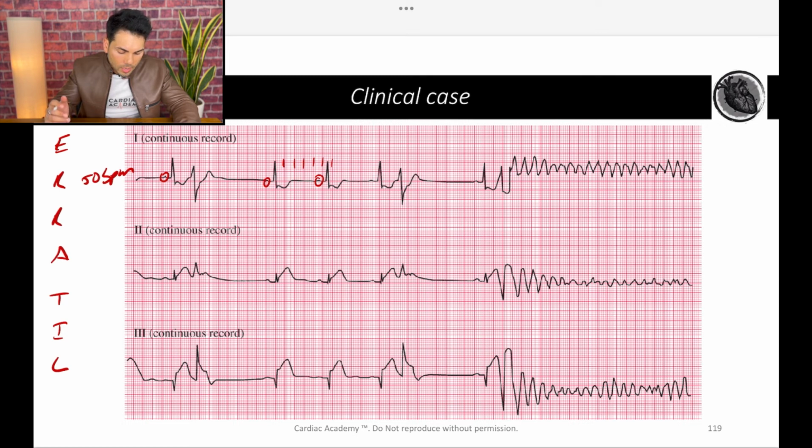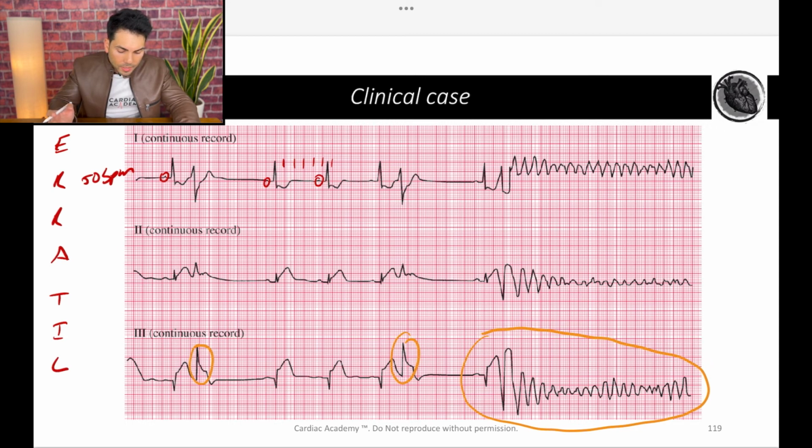Is the QRS narrow or wide? It is narrow for the most part, but then we do see some PVCs here. This is a PVC. This is a PVC. And here we see a lot of stuff going on. We're going into it in a minute. Is the rhythm regular or irregular?